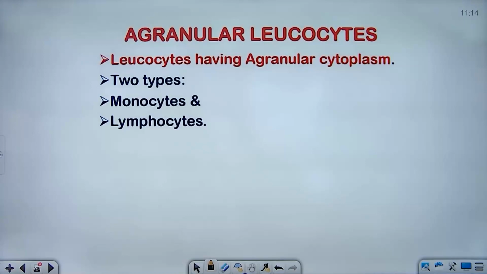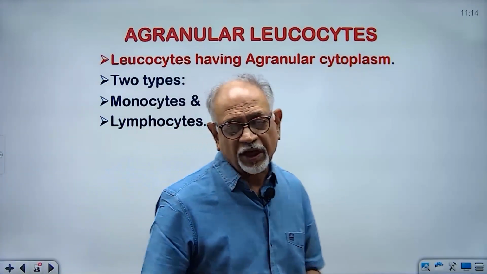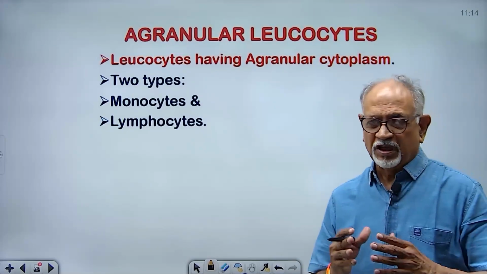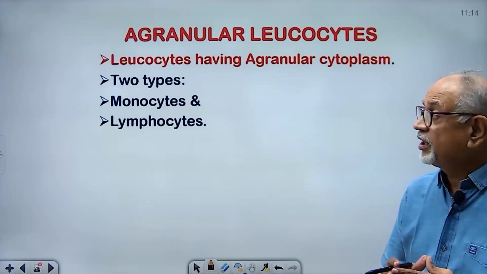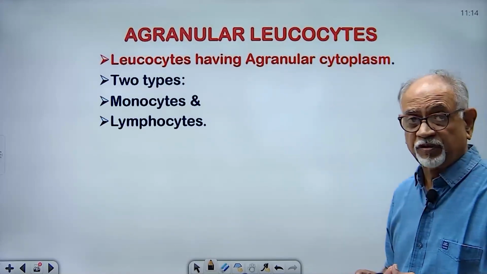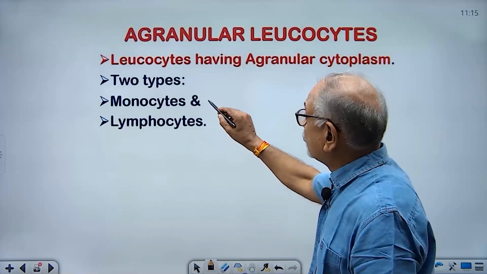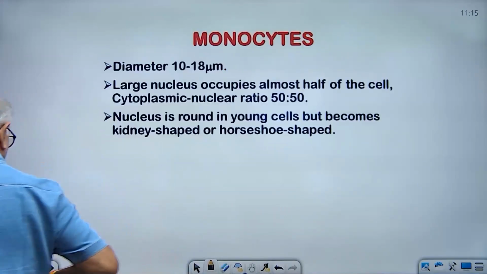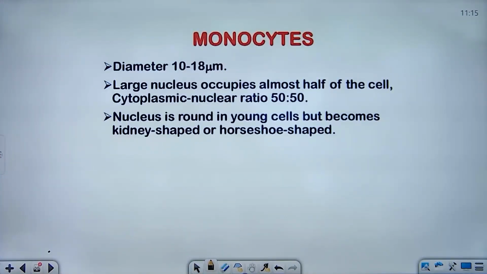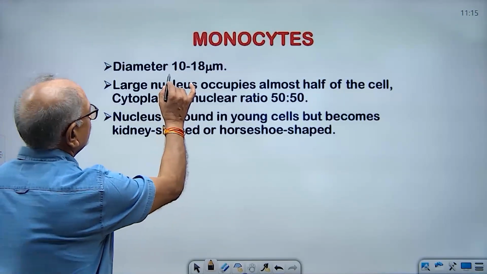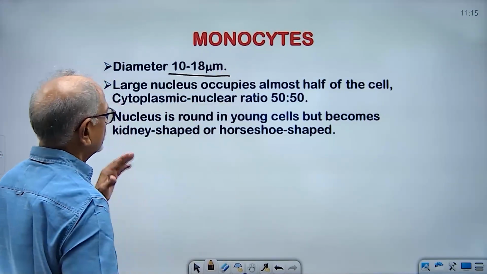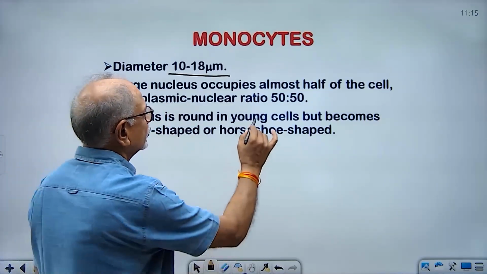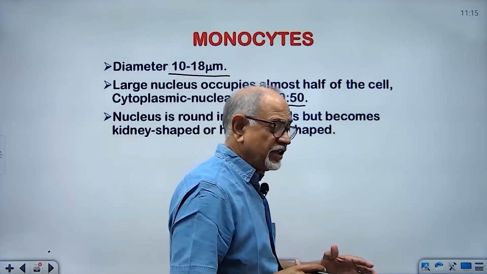Now coming on to agranular leukocytes, that means the cytoplasm does not contain granules. After staining, they can be of two types. One is monocyte and another is lymphocyte. Now monocytes, the diameter of monocyte is about 10 to 18 μm. Their nucleus is large, which occupies almost about 50% of the cell.